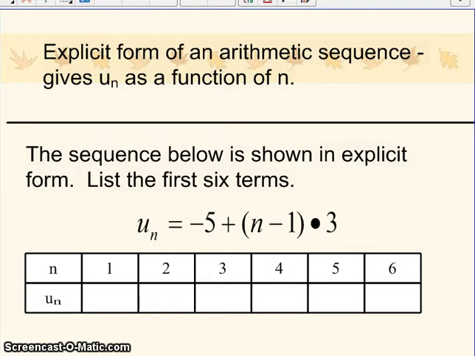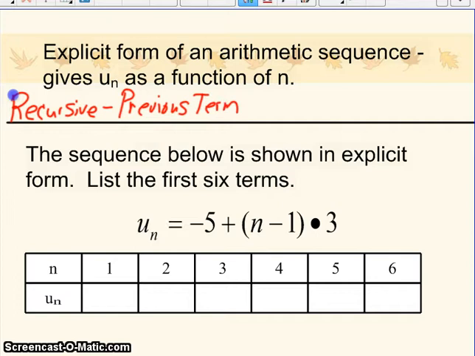So let me just write that down. Recursive is by the previous term, whereas explicit is by the term number.